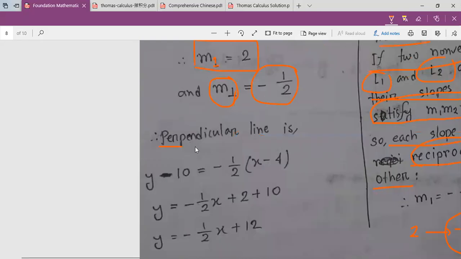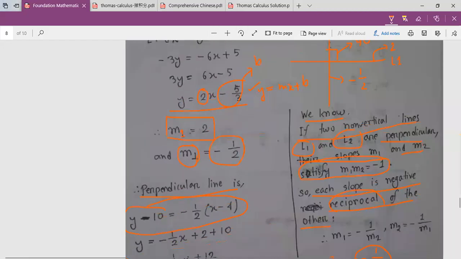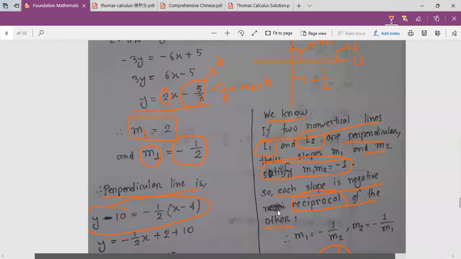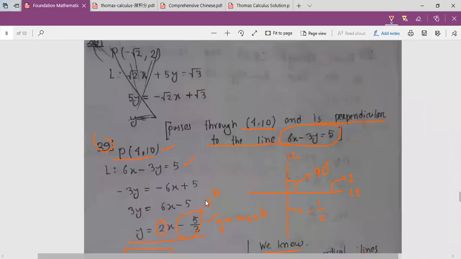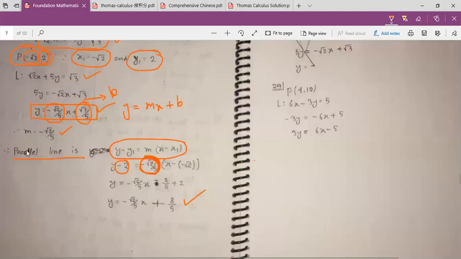Now the perpendicular line is y minus y1 is equal to m times x minus x1. You remember the equation from before? For a parallel line, this was y minus y1 is equal to m times x minus x1.